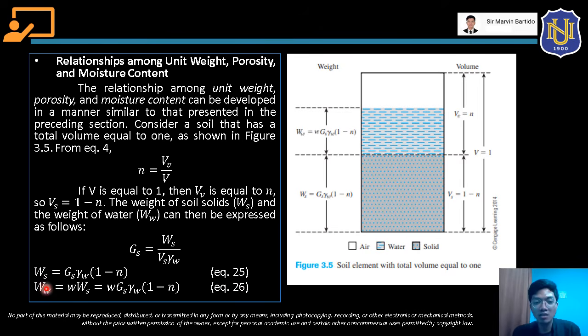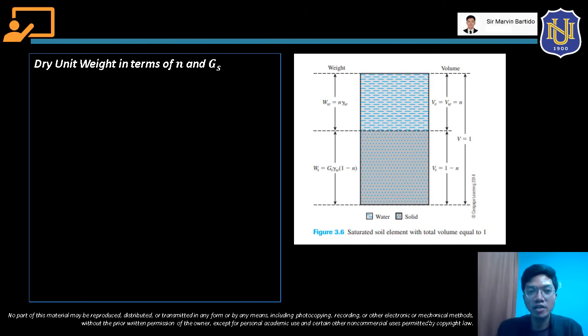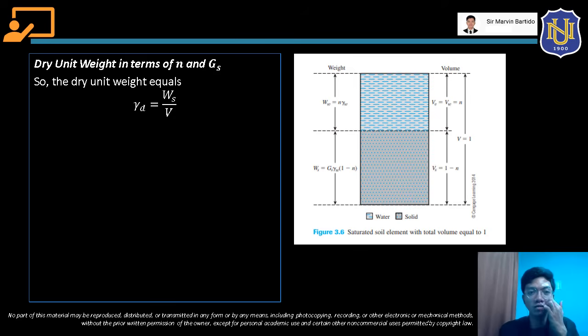We will use these, the weight of soil solid and the weight of water, in deriving our other formulas. Okay, so let's derive the dry unit weight in terms of porosity. Class, our gamma dry is the weight of soil solid over the total volume.